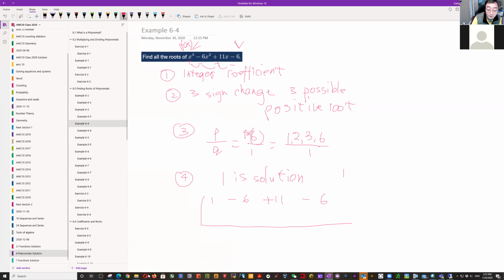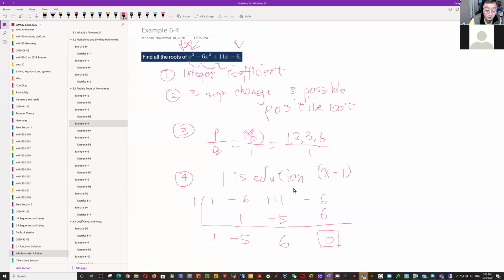Because 1 is a solution, you are dividing by x minus 1, so 1 goes here. We drop the 1 down. 1 multiplied by 1 equals 1, and this is going to be negative 5. 1 multiplied by negative 5 is negative 5, and this is going to be 6. 1 multiplied by 6 equals 6, and negative 6 plus 6 equals 0. So it divides evenly.